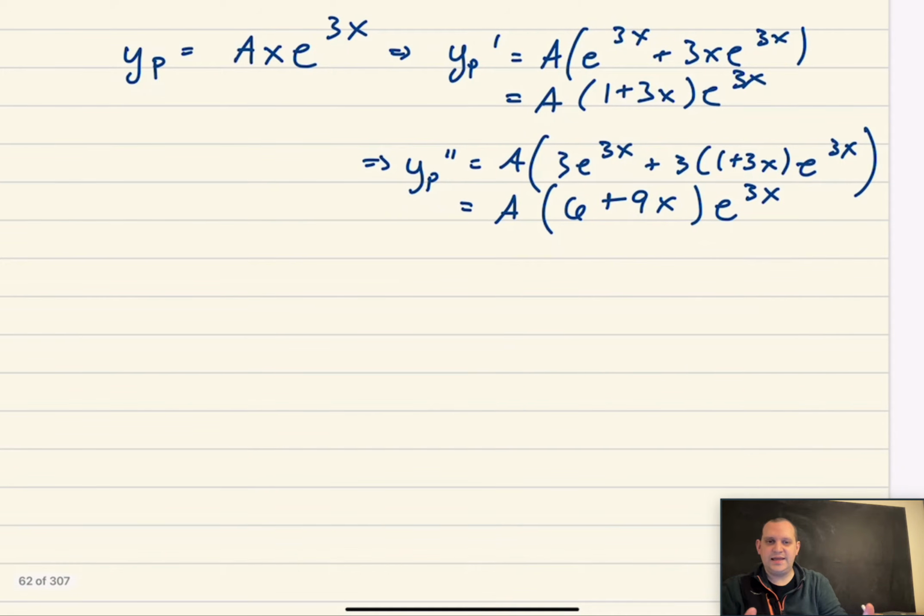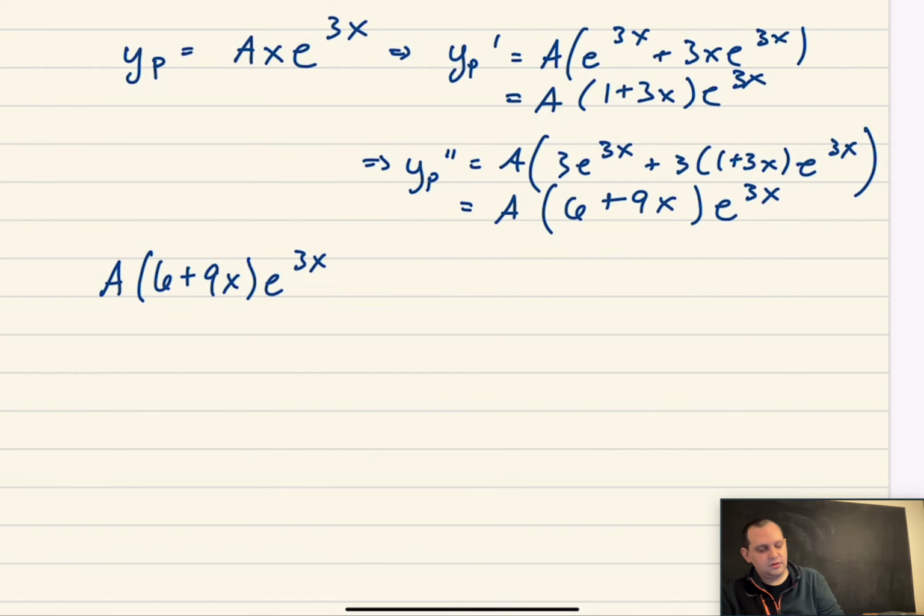But now we're going to take these quantities and plug them back into our original equation. We were looking at y double prime minus 9y equals 7e to the 3x. So let's look at y double prime. In our case it's a times 6 plus 9x e to the 3x. I mean y sub p double prime.